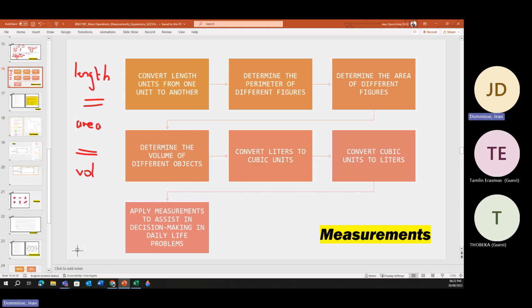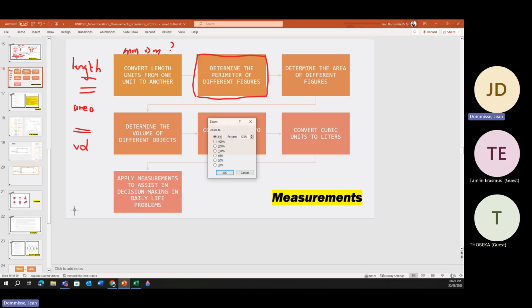They tell us to convert length units from one unit to another, so that is where we need to convert a millimeter to a meter or something like that. The perimeter is basically, if I need to determine the perimeter of this block, I would just add the lengths of all the sides, and that's how one would get the perimeter.